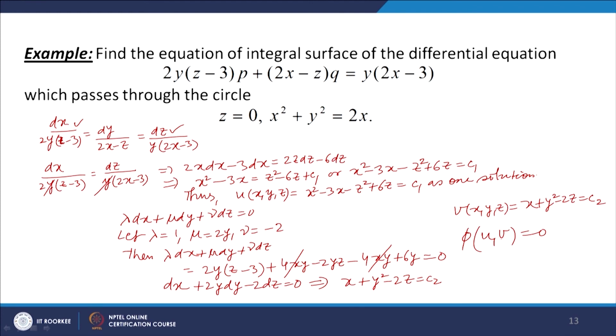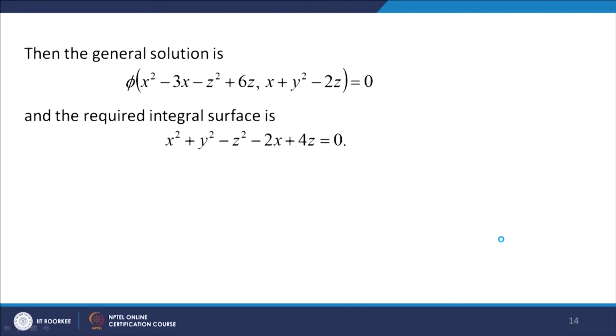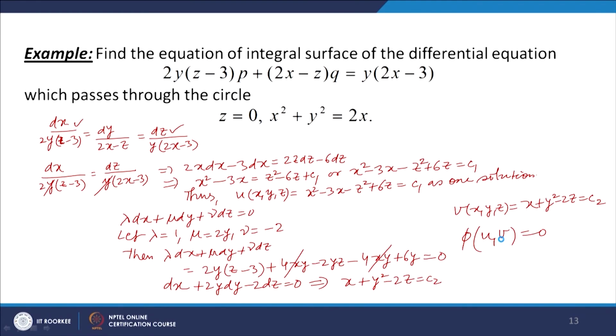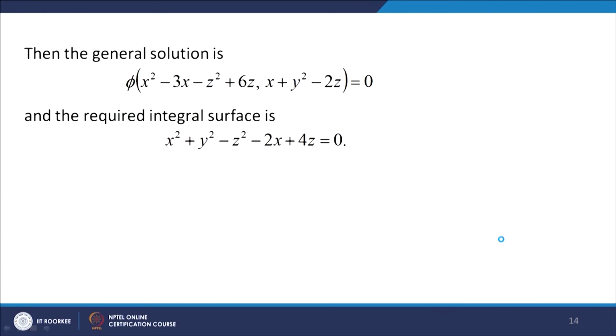So, we can write the general solution as phi of x square minus 3x minus z square plus 6z, x plus y square minus 2z, equal to 0.